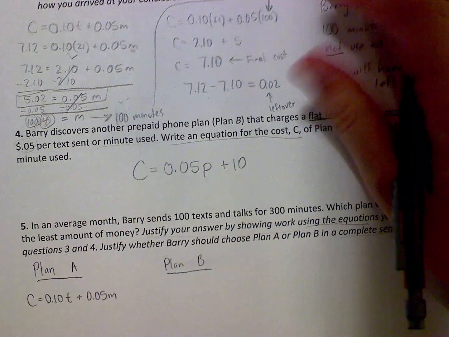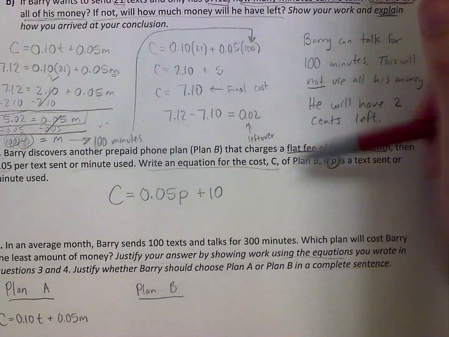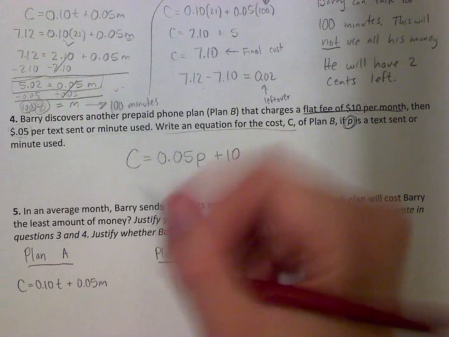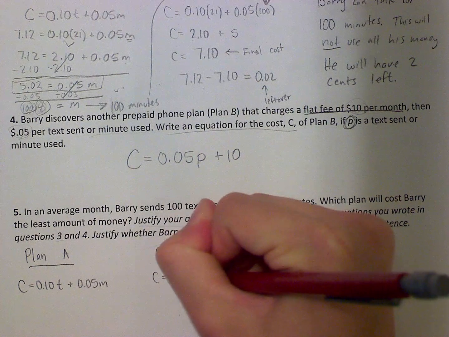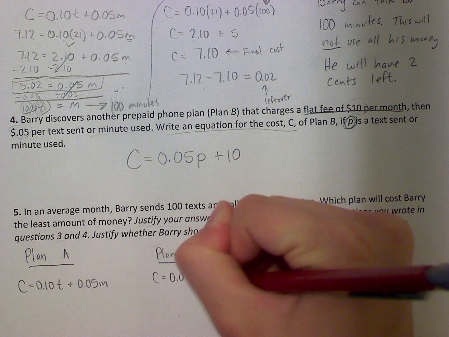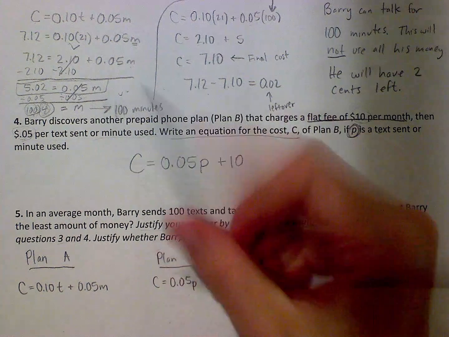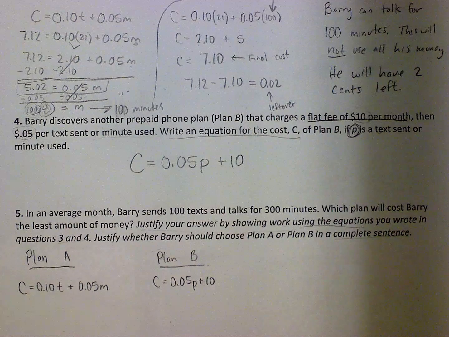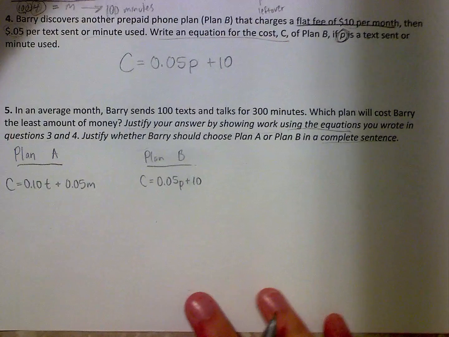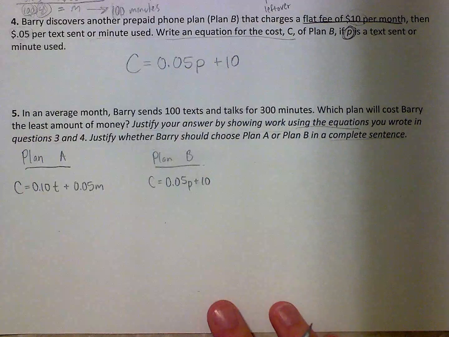Okay, and then plan B, my equation I just wrote is right here. Copy that. Okay, so already I'm making sure to follow the directions, which is I'm using the equations from questions 3 and 4.